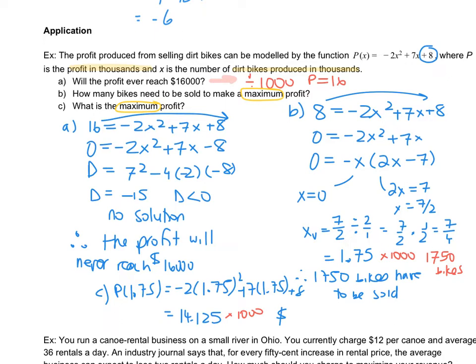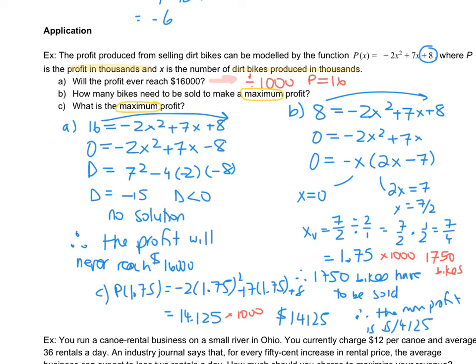So our actual profit is going to be 14,125. So therefore, the max profit is $14,125. And that's it. So for B and C, we were using that partial factoring to find the vertex.